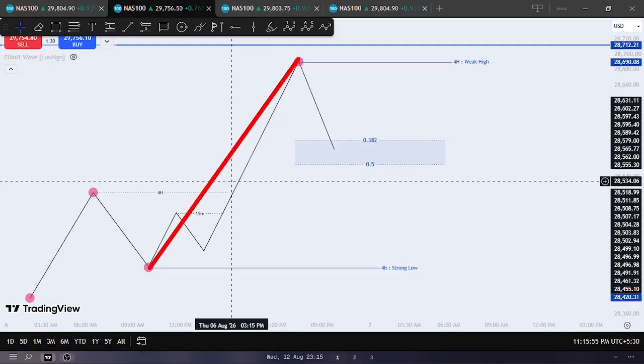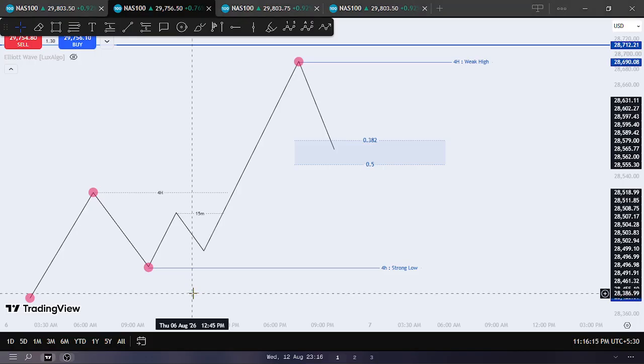So basically you have a pullback right here. As it mitigates, I would say, hey, this is my 4-hour weak high and this is my 4-hour SL. So right now I have a fully formed range. Well, that would summarize this.